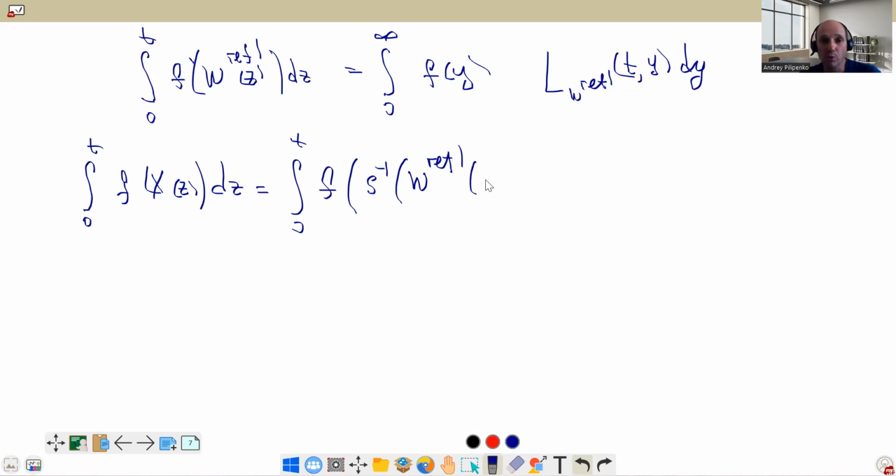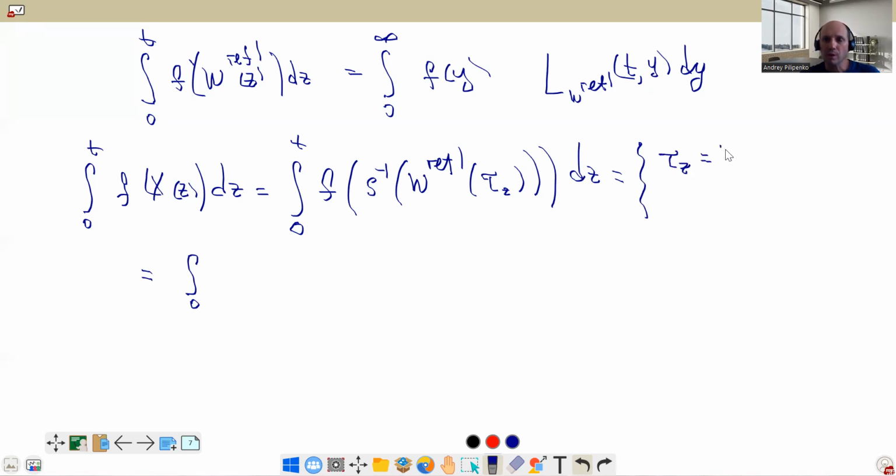So this point is tau of z dz. And now make a change of variables. So this is the integral from 0 to, so tau of z is y.